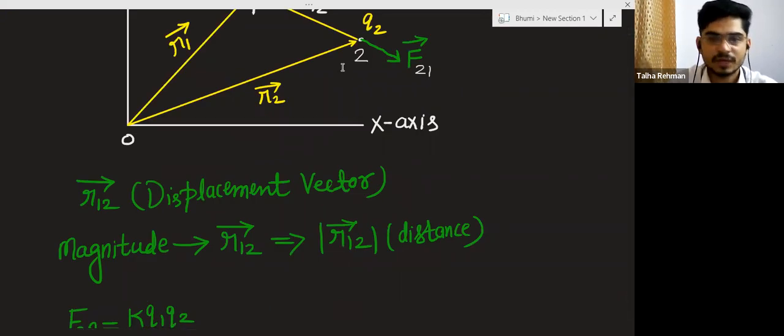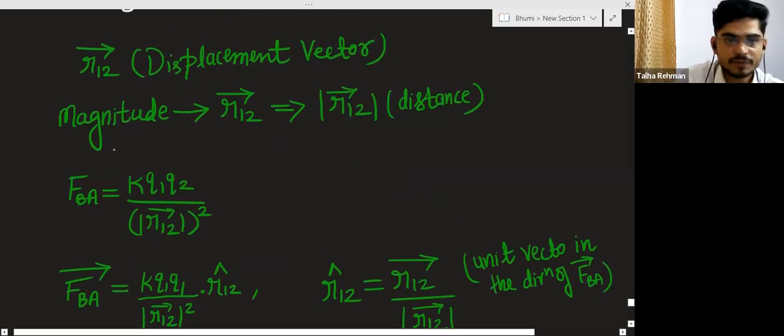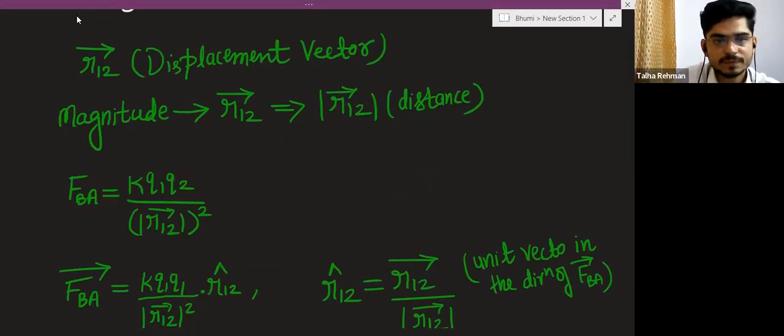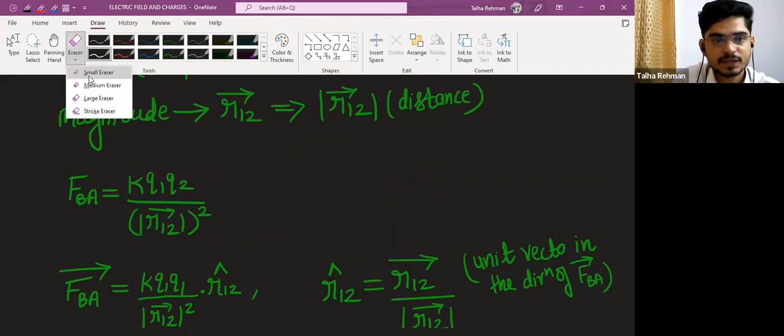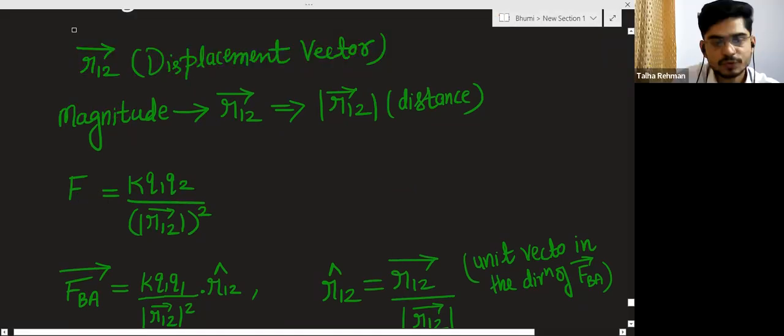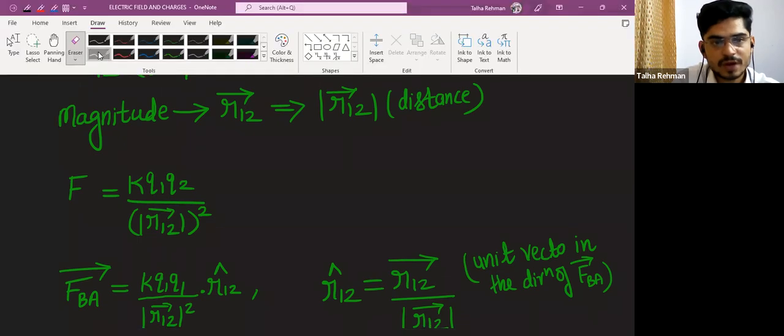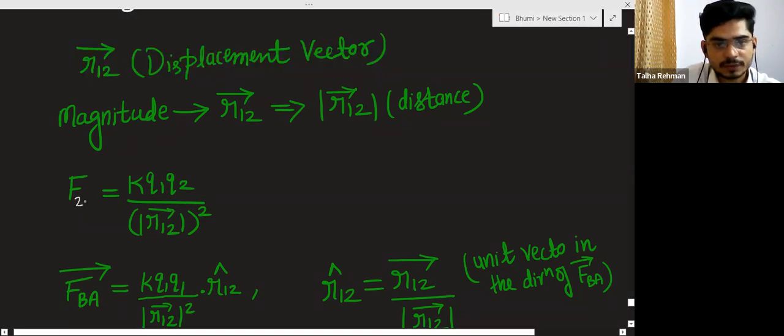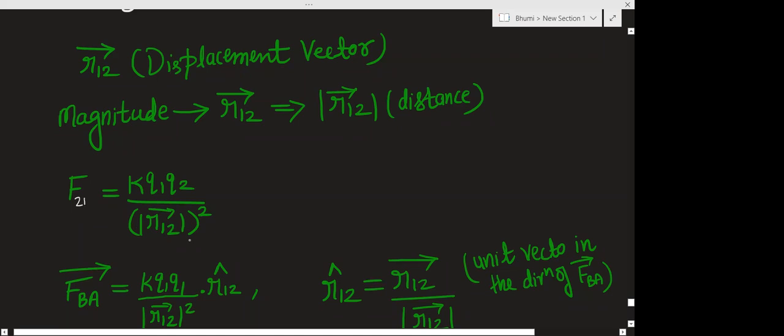Instead of BA, I just have to change that, write 2-1, and the next is 1-2.